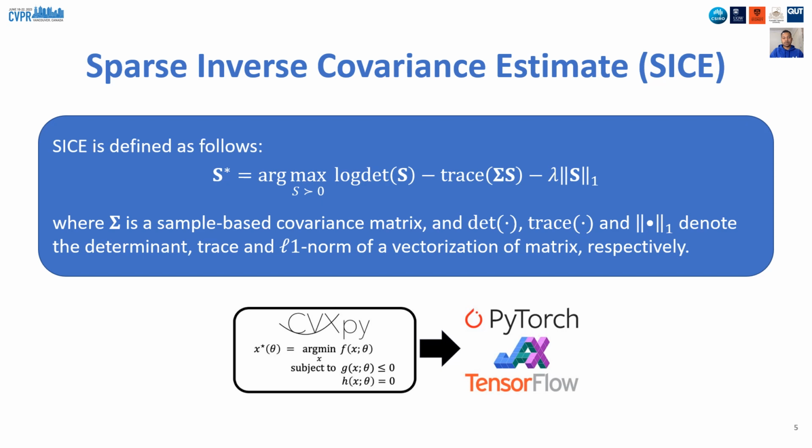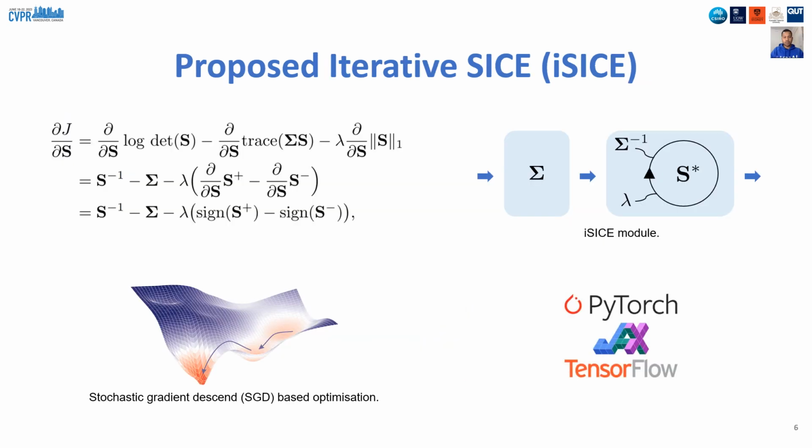SICE can be computed by solving the displayed optimization problem with solvers such as CVXPY. However, those solvers do not support backpropagation. We propose an iterative method for obtaining SICE, which is integratable with CNN. Our method can be implemented directly with existing deep learning libraries such as PyTorch, and can be optimized with gradient-based solvers such as stochastic gradient descent.